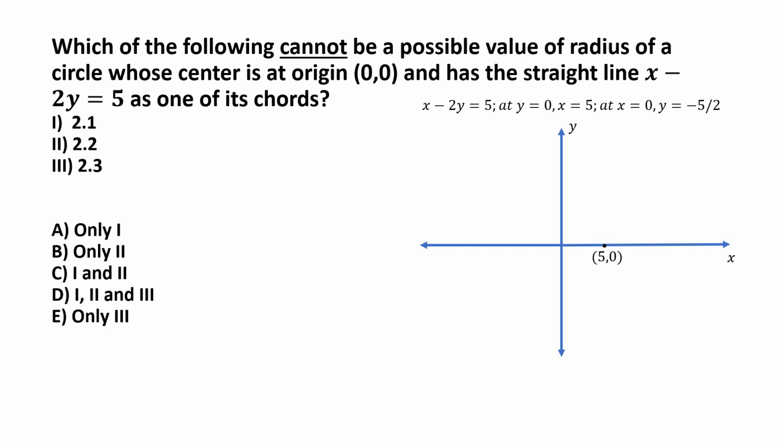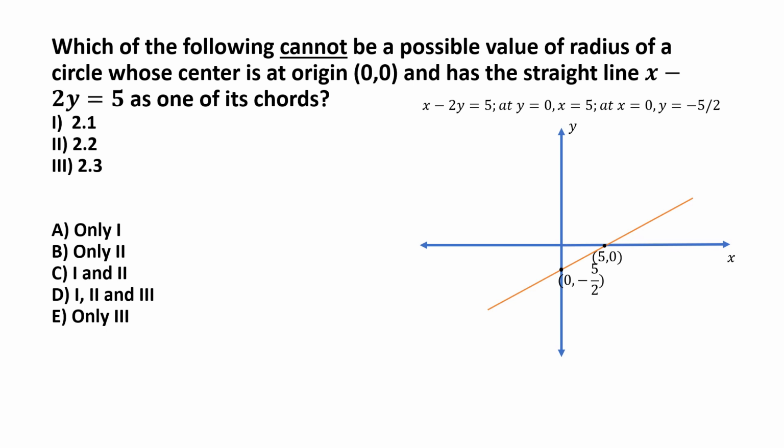Similarly for the y-intercept, we put x equal to 0 in the equation of the line, and we end up with y equal to minus 5 by 2. So that's the y-intercept, and that occurs at the point 0, minus 5 by 2. Then if we just join these 2 points, we get the straight line whose equation is provided, x minus 2y equal to 5.